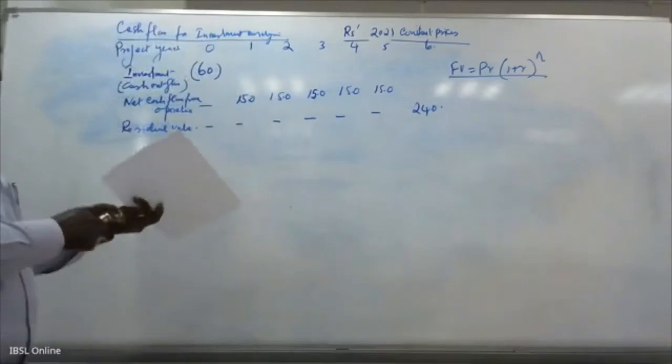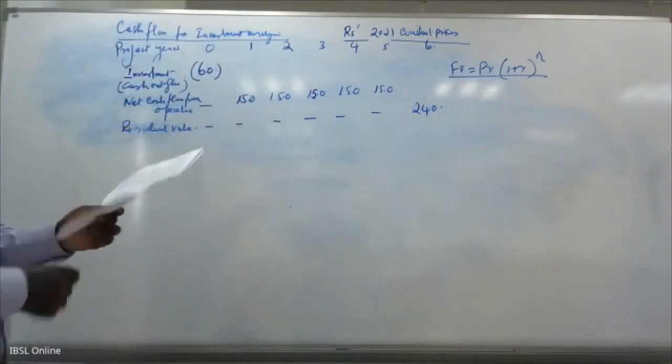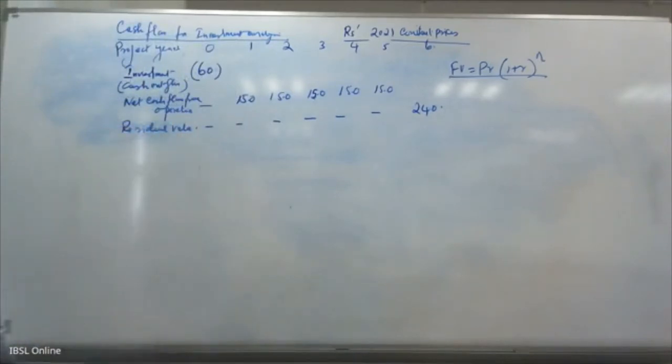Now, some people consider this 24 million, the residual value, in the 5th year itself. Even at Colombo University, and even chartered accountants, I have seen them use it during the 5th year. But actually, in the World Bank concept, it is after the 5th year, so they consider it in the 6th year. I am also considering the residual value in the 6th year.